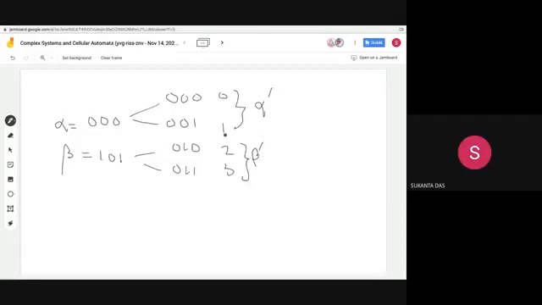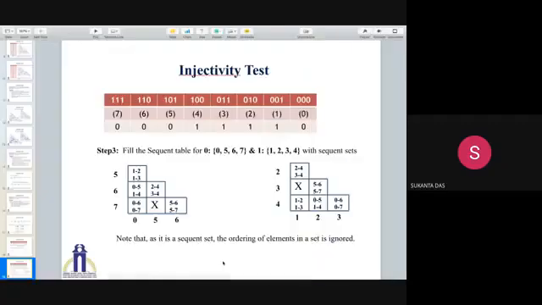So here 0 and 2. Here I know 1 and 2. This will form a sequence set because 1 and 2 both have a next value 1, and 1 and 3 as well. See here, 1 and 2 and 1 and 3.